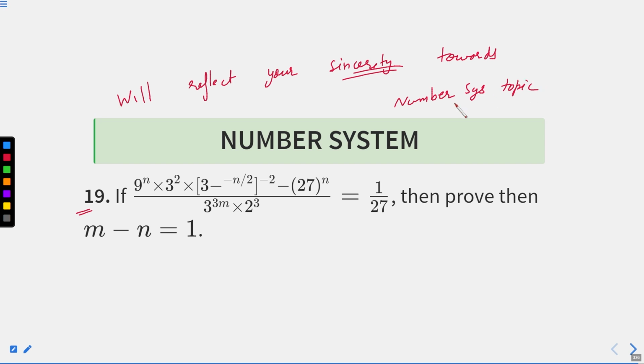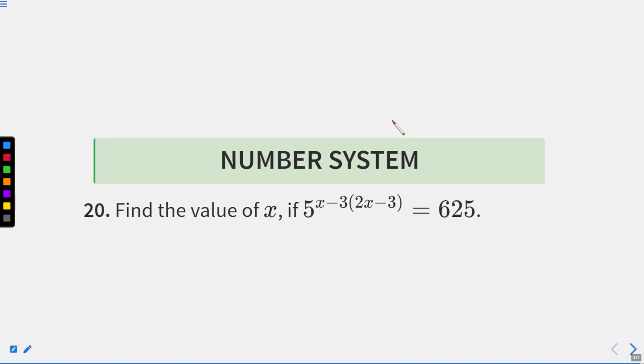Okay, let's move to the next, and the final question for this session.